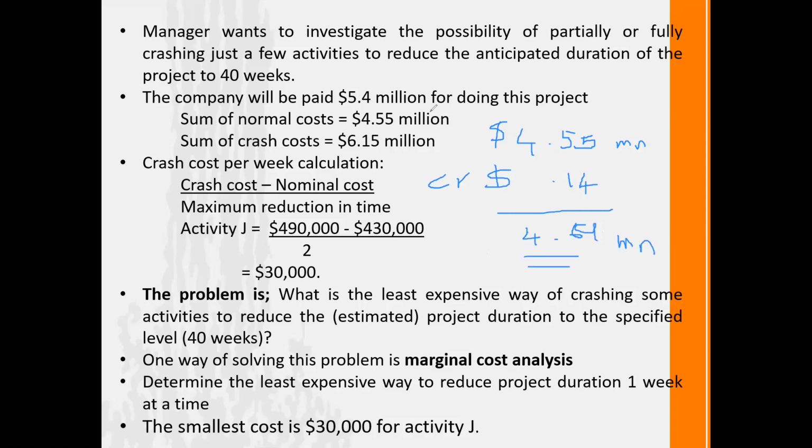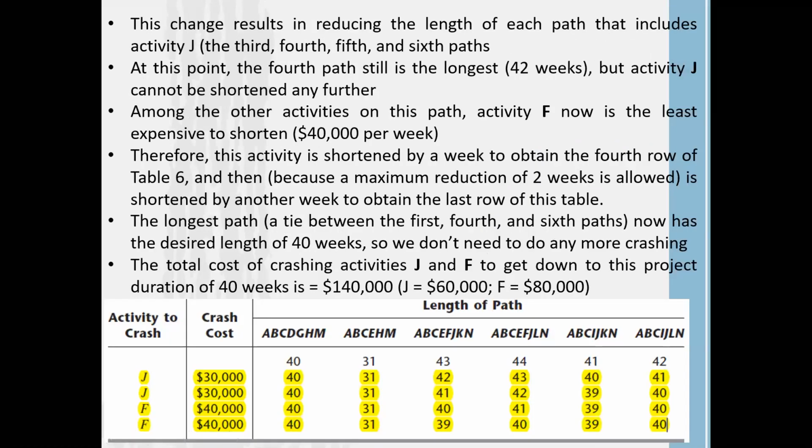Is it less than our total project revenue? Yes, it is less than our total project revenue. Now, is it worth crashing activity F and J? It is worth crashing activity J and F.